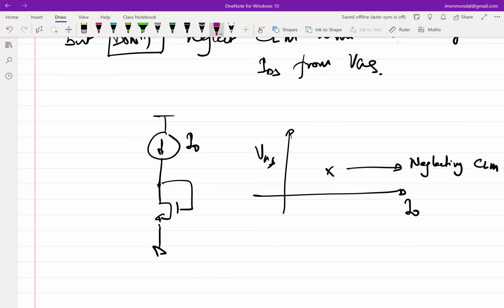But if I don't neglect CLM, this point should move up or move down. It should move down, right? It should move down because this is without neglecting CLM. Ultimately we are getting the same current, but the equation is now different. In one case, we had half mu n C ox.